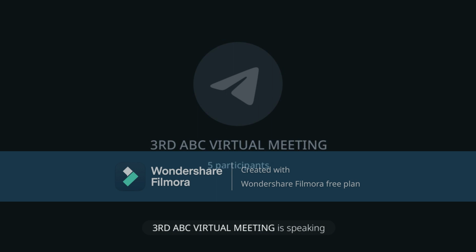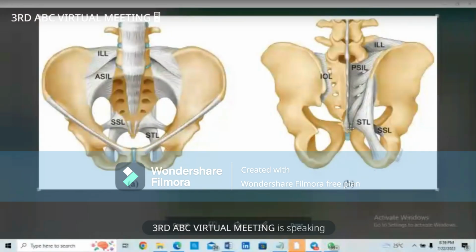The reason I'm showing this is because of this structure here we're going to talk about right now. This posterior sacroiliac ligament is going to extend downwards, down to the lateral aspect of the sacrum inferiorly. That is, it's going to extend to that area and form an attachment there.